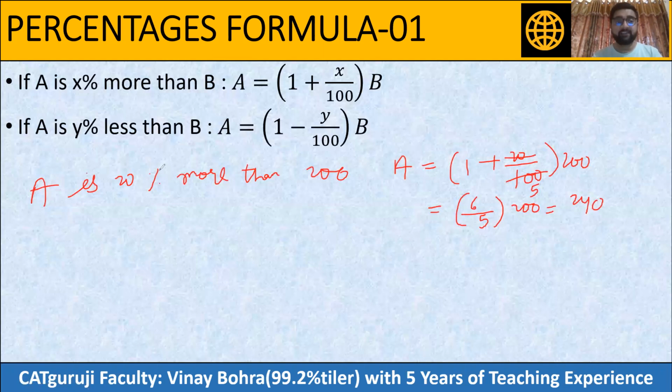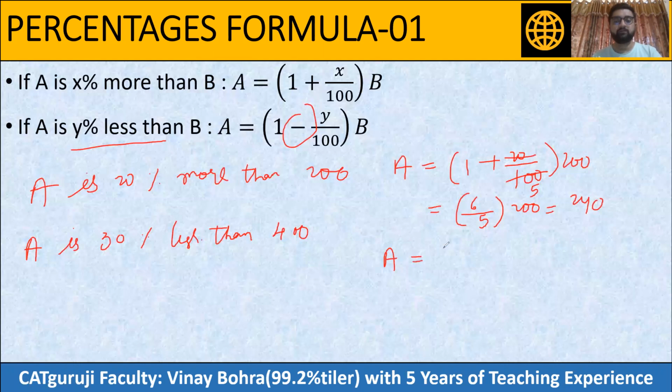And if it is less than, so instead of plus, we'll use the minus. Same way, if it is like A is 30% less than, let's say 400. So A will be 1 minus 30 by 100 into 400.